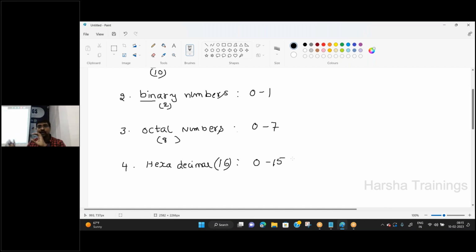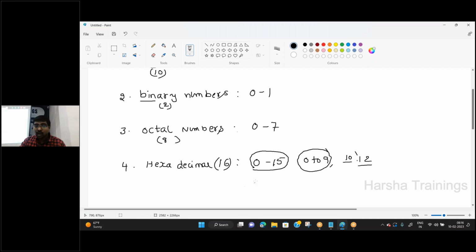What are the possible values? 0 to 15, a total of 16 numbers. Now the thing is, 0 to 9 is okay. But how to represent 10? If you represent 10 as 10, the system takes it as 10. If you represent 12, the system considers this as 1 comma 2. Why? Because we have only the digits 0 to 9.